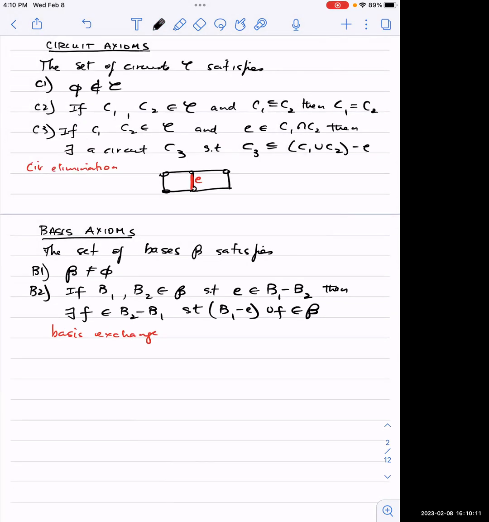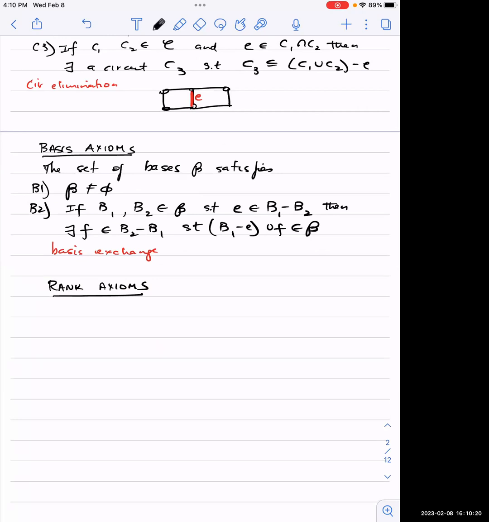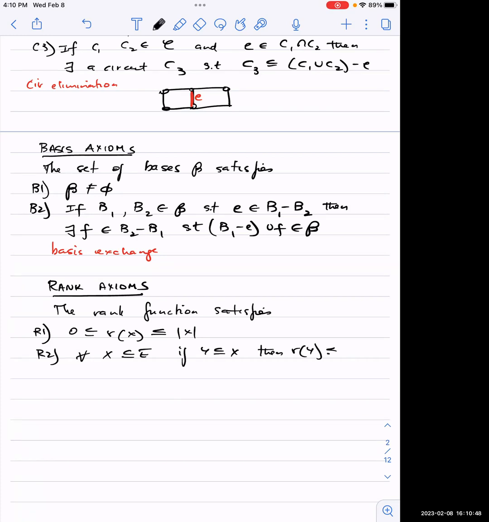And then last week we did the rank axioms. Almost done. So what is that? The rank function satisfies, let's call them R1, that rank of X can be at most the size of X. R2, also very natural: for every X in E, if Y is contained in X, then the rank of Y is less than or equal to rank of X. And the third one is submodularity.